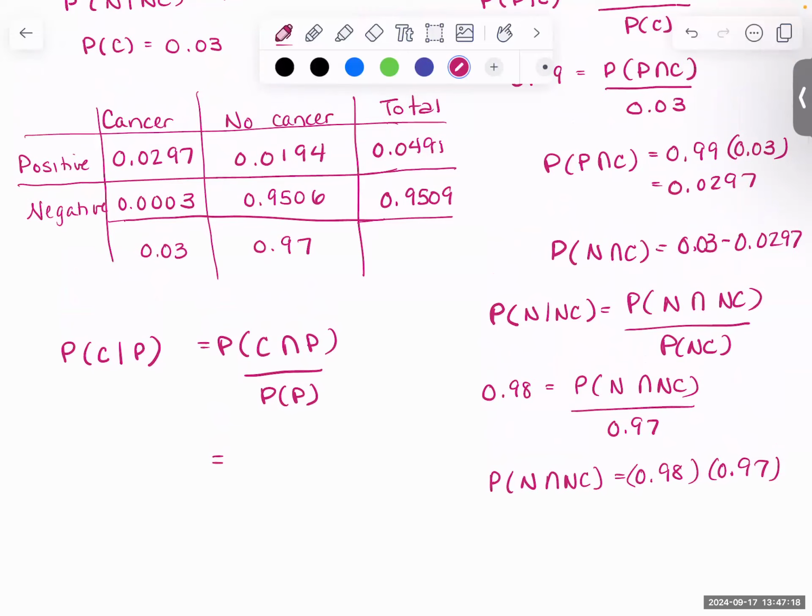So the probability that I have cancer and I test positive is that first cell in the table. So it is the 0.0297. And the probability that I test positive is the row total for positive.